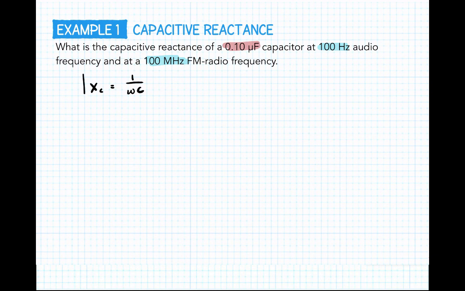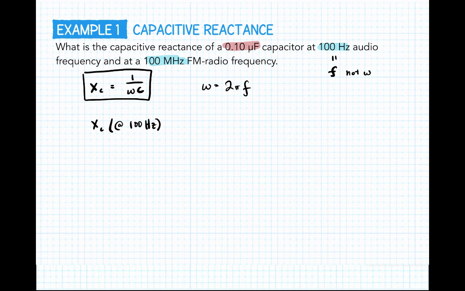All right. So we want to know the capacitive reactance, that's 1 over omega C, of a 0.1 microfarad capacitor at 100 hertz audio. So this becomes 1 over, what do we know about omega? 2 pi times F, 100 hertz, times the capacitance, which is 0.1 times 10 to the negative 6 farads.